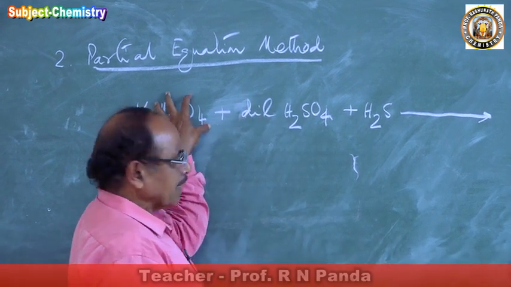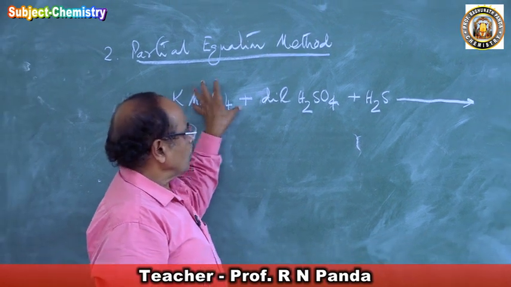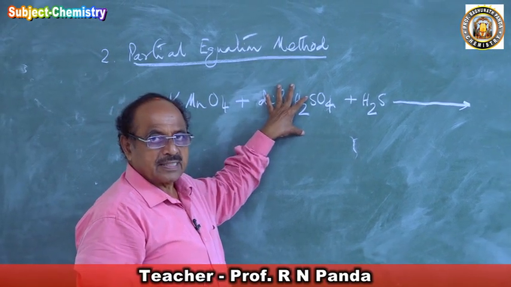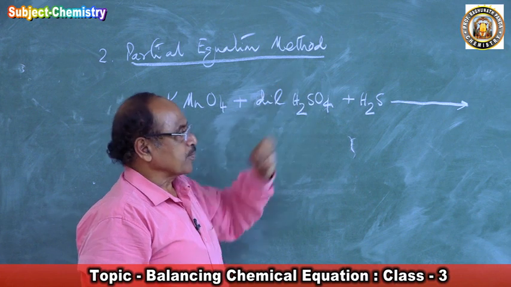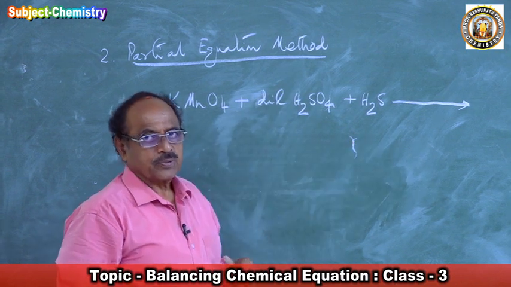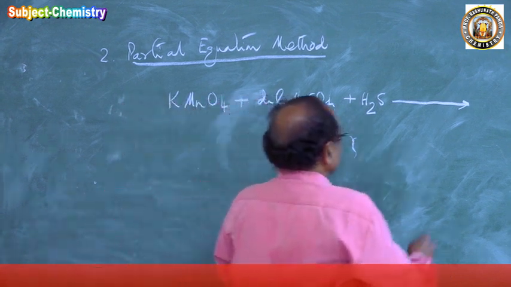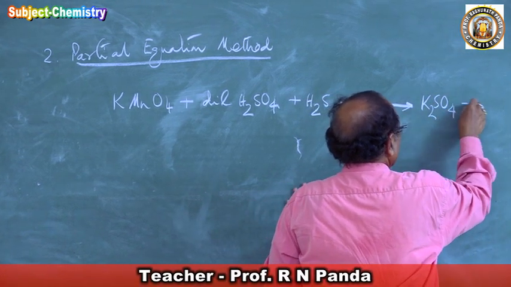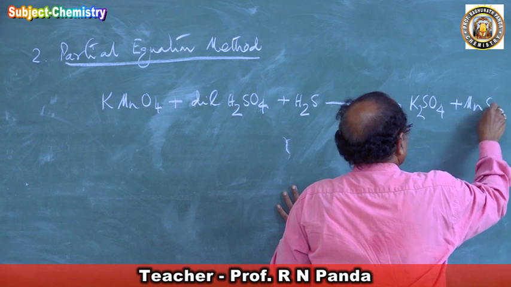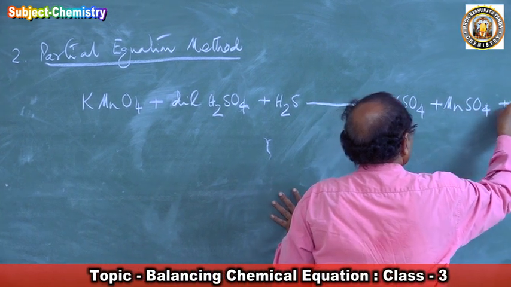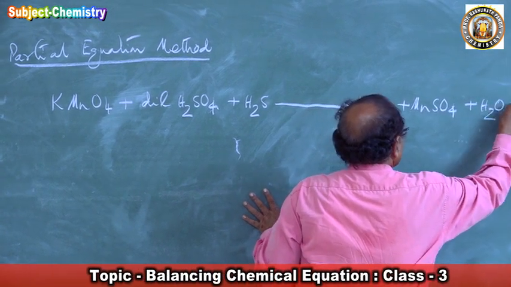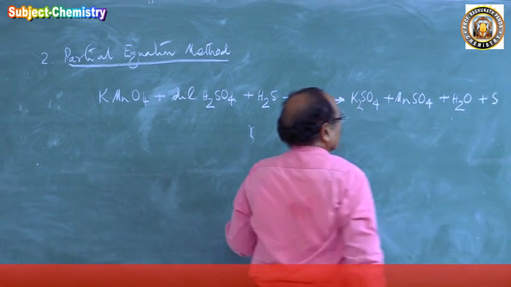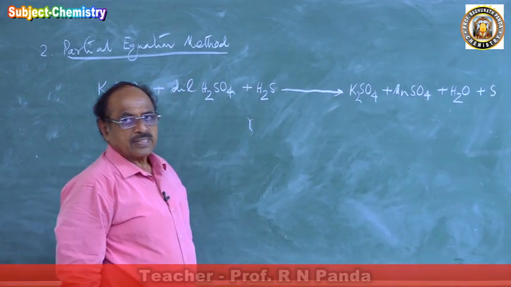So we have taken potassium permanganate, added dilute sulfuric acid and H2S. Suppose I give you the products: K2SO4, MnSO4, H2O plus sulfur. Suppose the products are also given to us.